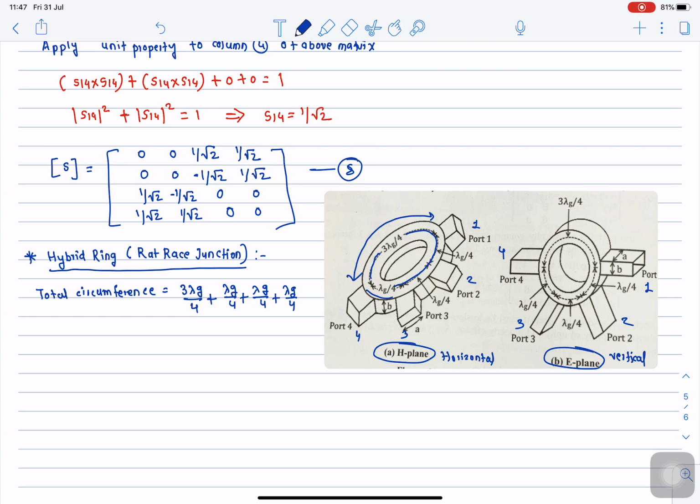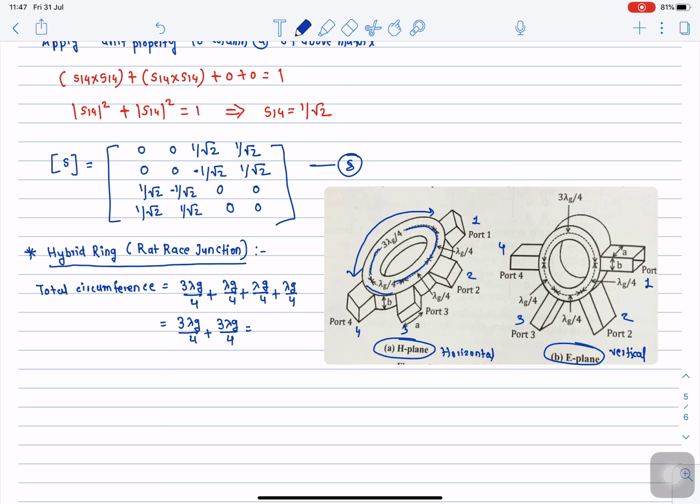Again you can write it in this way: total 6 lambda g by 4. So here you can write 3 lambda g by 2, or in other words 1.5 lambda g. So the total circumference of this particular device always evaluates to 1.5 guide wavelengths.